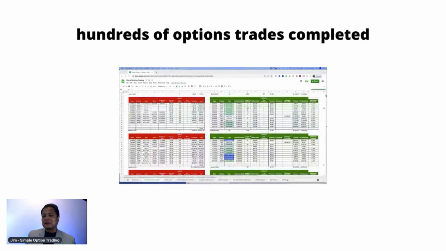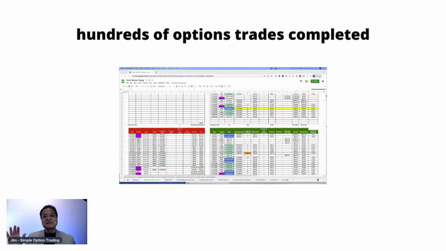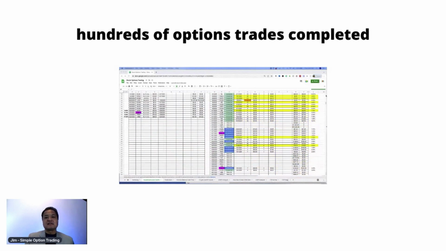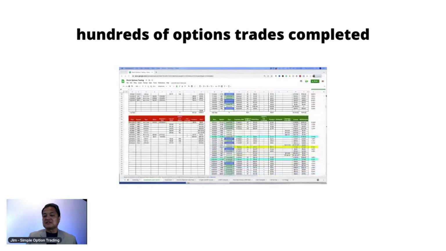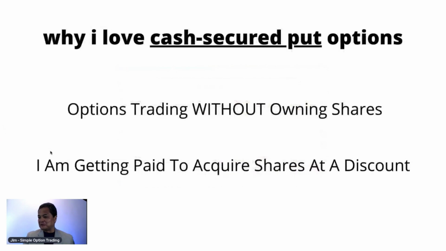Now I know a lot of people need to see it or experience it for themselves, and that's cool. I understand, but I've been documenting my journey as I learn about options more and more, and use them as a way to generate income. And so I've got some proof out there that's publicly available, if you will.